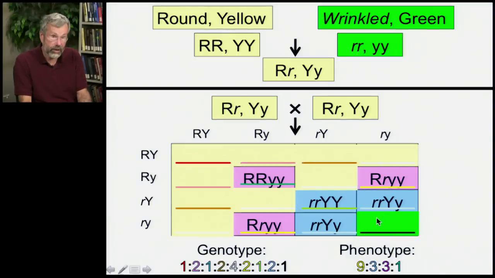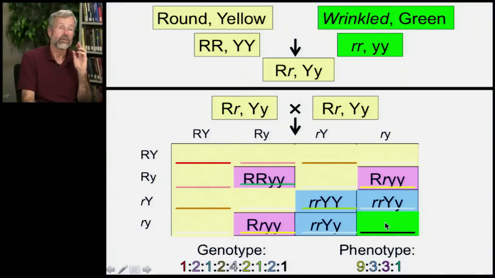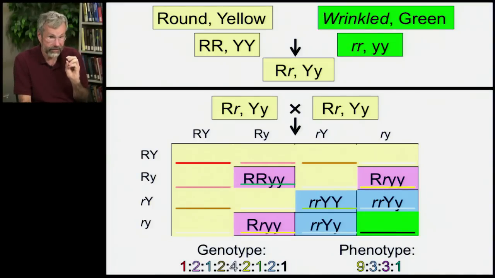And there's just one way that we would have had the double homozygote in the offspring. They had to have the double recessive from this parent and the double recessive from this one. So there's only one way to get the double recessive homozygote phenotype and genotype. And then there's 3 different ways to have one copy of the capital R with no capital Y's, and 3 different ways to have capital Y with no capital R's. So there's 9 to 3 to 3 to 1.